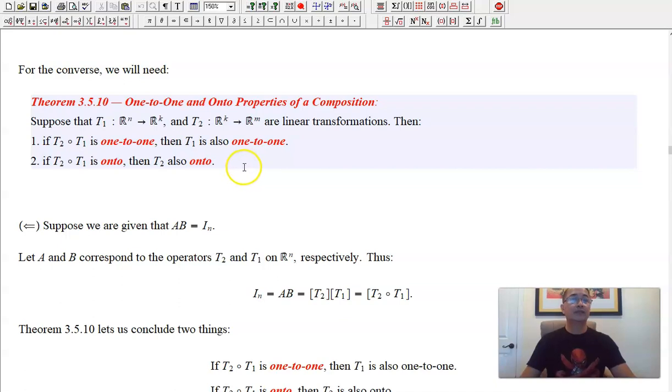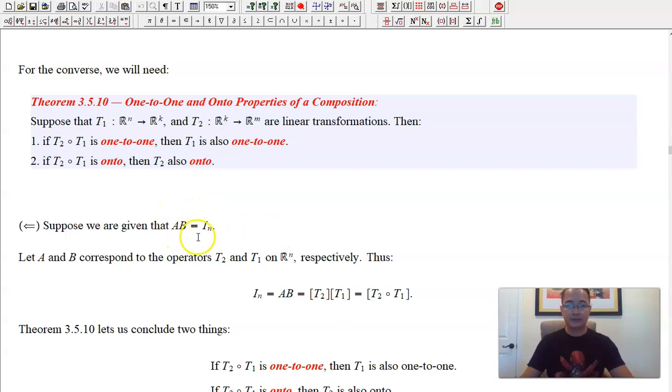What are the conclusions for this theorem? If the composition is one-to-one, then the inner transformation, or the first transformation, another way of thinking about it, has to be one-to-one. But also, if the composition is onto, then the second or the outer transformation this time has to be onto.